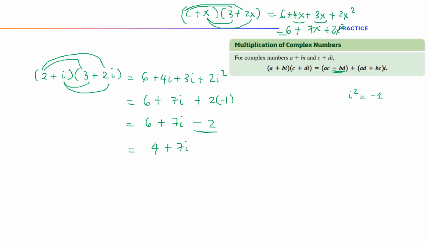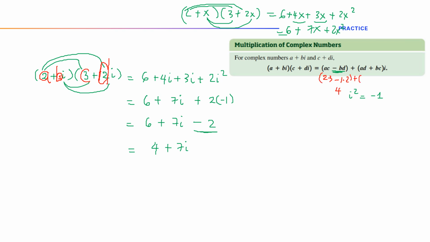Here is a, b equals 1, 1i. Here is d, here is c. So here 6 becomes a times c, which is 2 times 3, minus b times d, which is 1 times 2. So 6 minus 2 is 4.